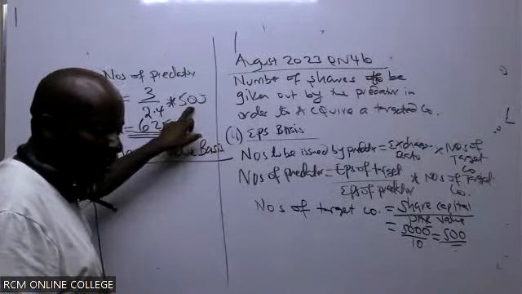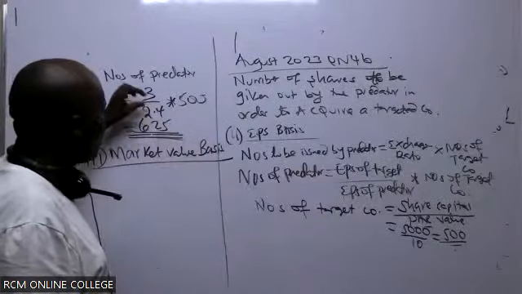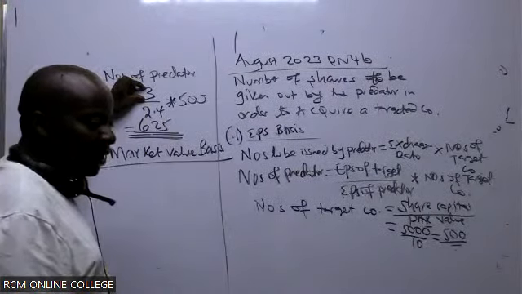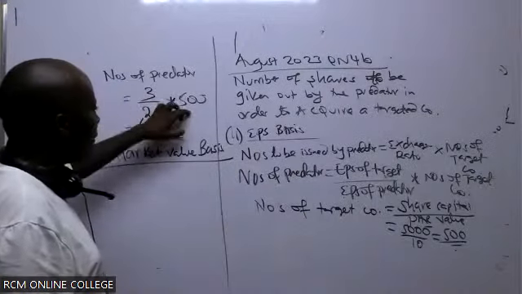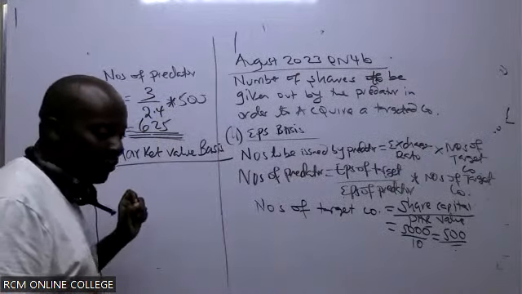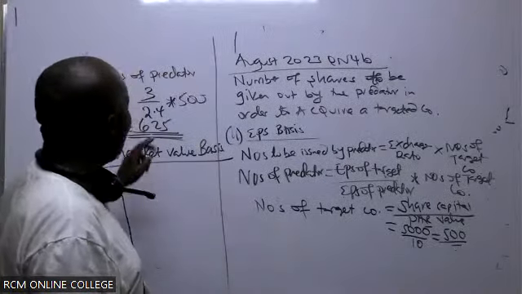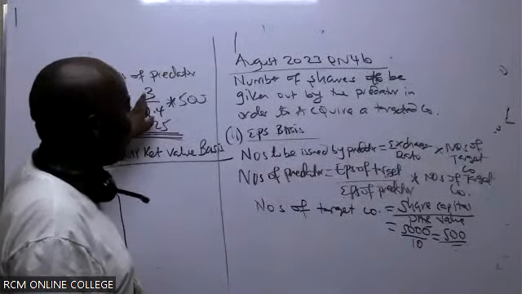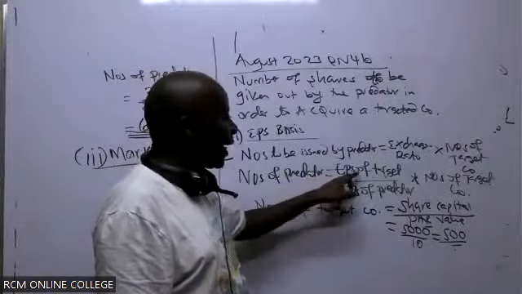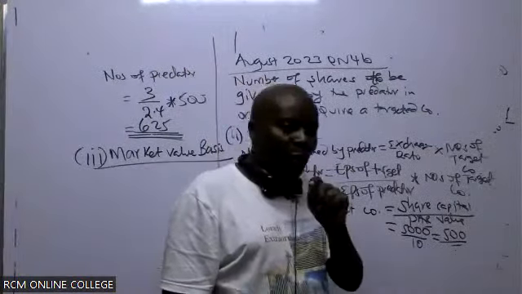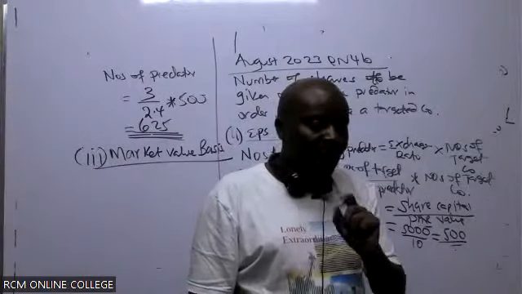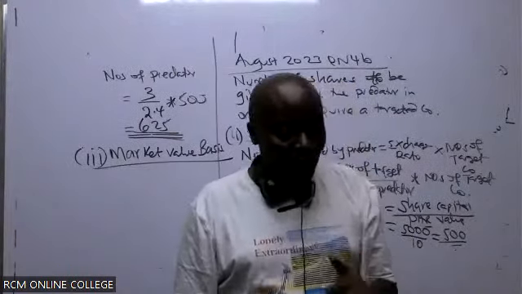Nancy, thank you for asking that question. I don't know whether you were able to see how we got these 3. Because if you have these 3 and this 2.4 times 500, you'll get 625. This is EPS of the target company, and Bero is the target company. If you look at the additional information, there is the second table.